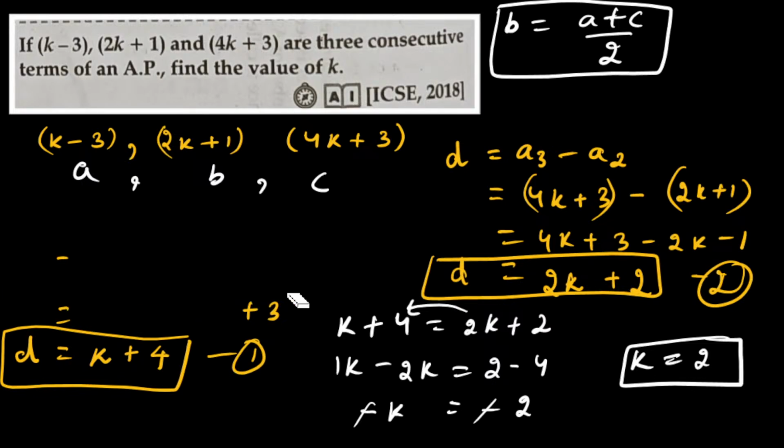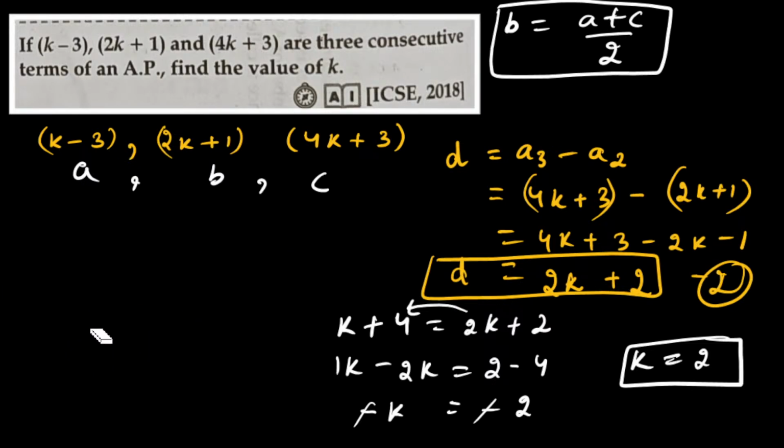When three terms are there, the middle one is known as arithmetic mean. I'll show this method also so that you can do any of the methods.